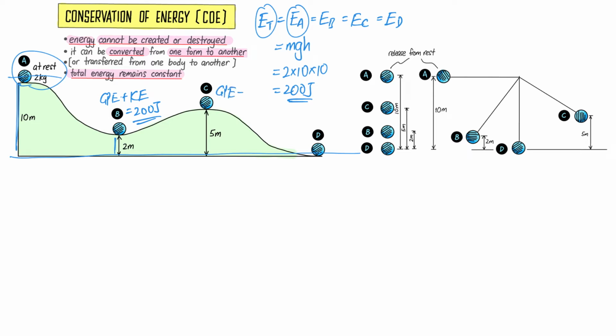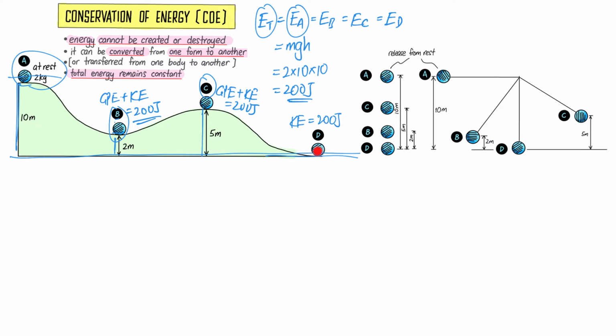Likewise for point C, which will be 200 joules. But of course, at point C, due to its higher height, the GPE will be higher compared to point B. And for point D, because the ball is at the reference ground, there's no height, no GPE, so all the energy will be KE, which is 200 joules.